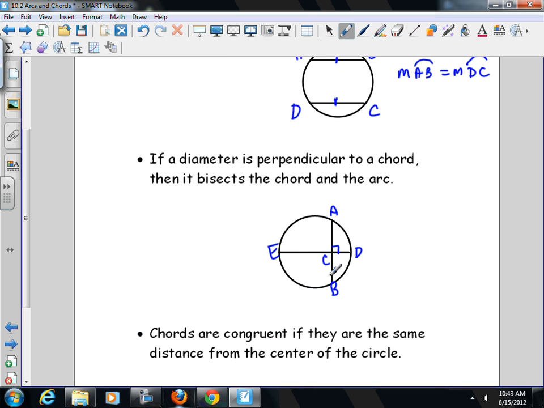If AB is perpendicular to DE, we know that the chord is bisected, so we know that AC and CB are congruent. And we also know that the arc is bisected, so we know that the measure of minor arc AD would have to be equal to the measure of minor arc DB.